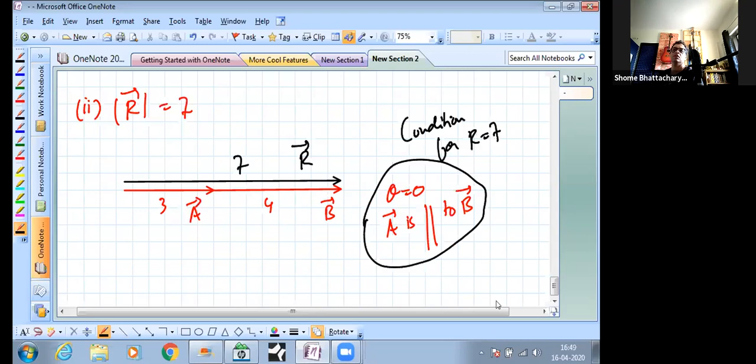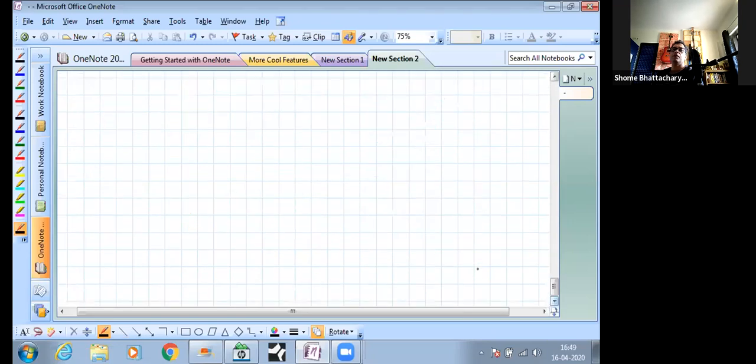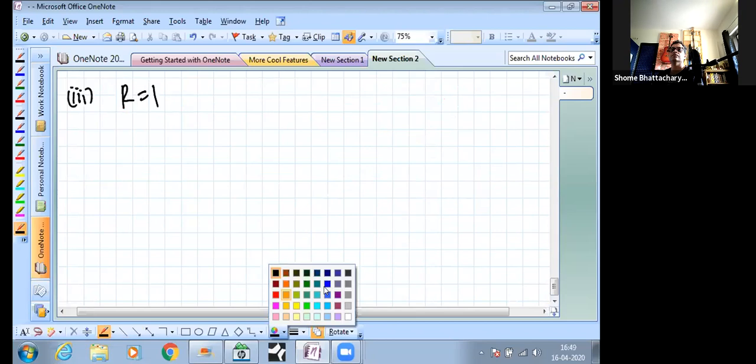Like that, if you visualize the third part of this problem, you'll realize the only way your resultant can become 1 in magnitude is if this happens. Let's say your vector A was like this.